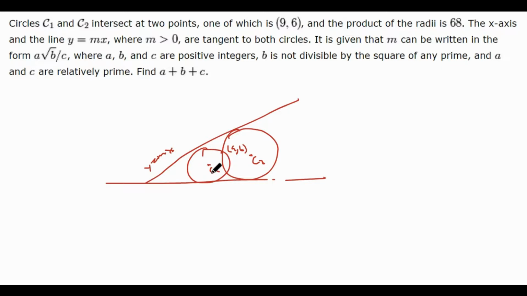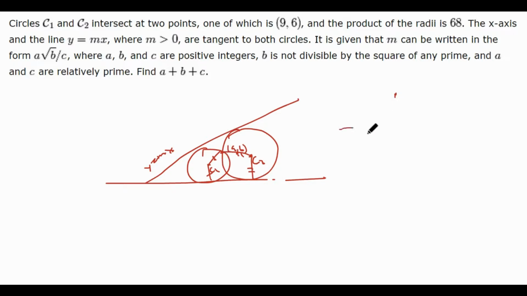To find this out, I first connected some important points with other important points: the centers of C1 and C2 with (9, 6) and the tangency points. Since they are radii, these are equal, these are equal. Now this setup reminded me of something.